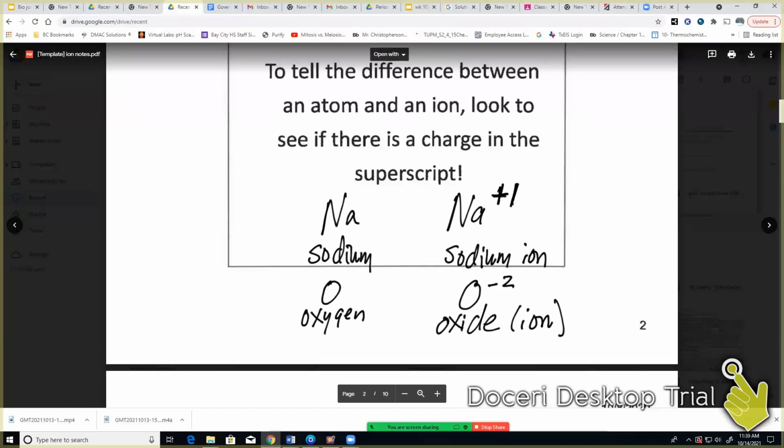We talked about that earlier whenever we were counting protons, electrons, and neutrons. A metal, to change its name, you simply tack on the word ion. A nonmetal, you have to change the ending to ide. And once again, if you look at your ion sheet on the back, if you look at the negative ions, they already have that name changed for you. So if that helps you out a little bit, look on the back. They already have changed everything to ide on that.